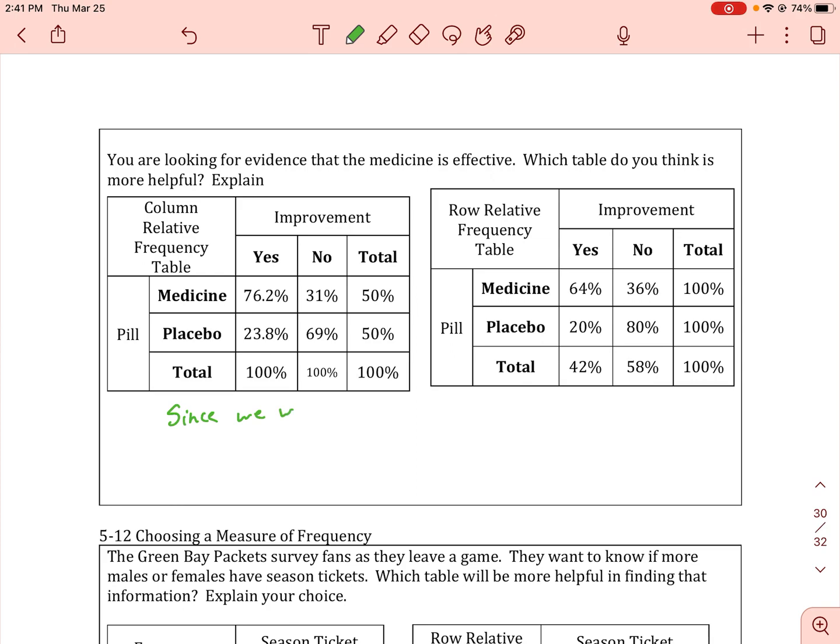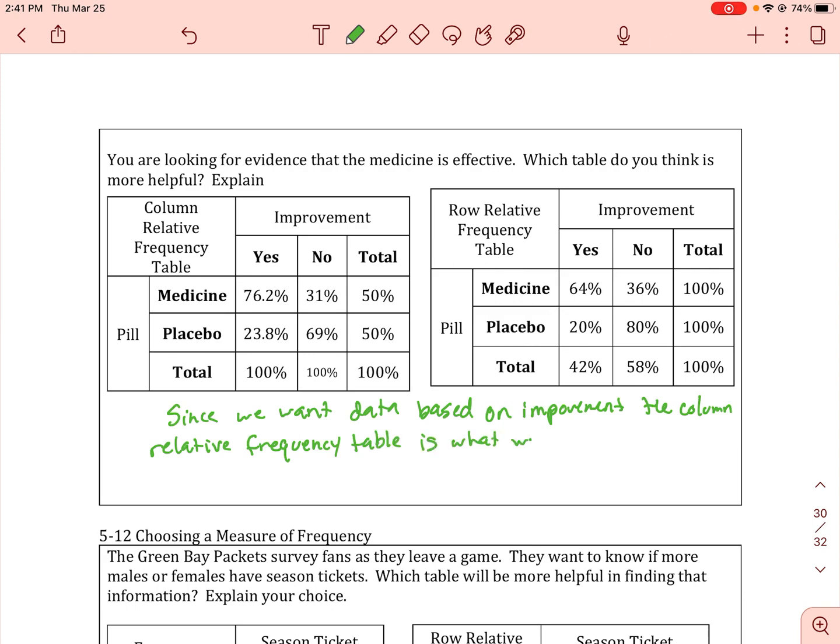Since we want data based on improvement, the column relative frequency table is what we would want to use.